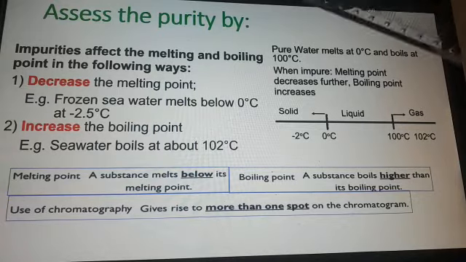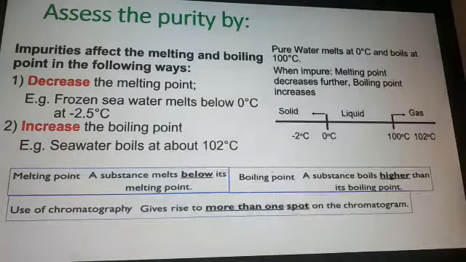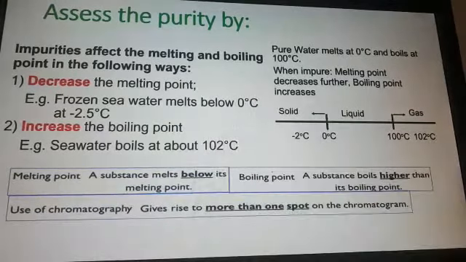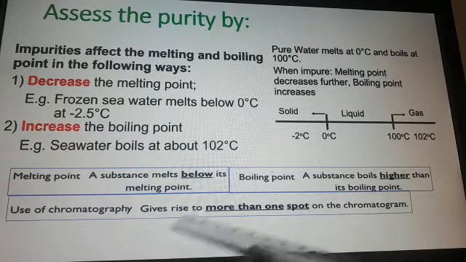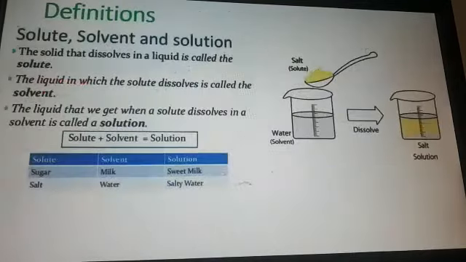So if the substance is impure, the melting point decreases and the boiling point increases. A substance melts below its melting point. A substance boils higher than its boiling point. And chromatography gives rise to more than one spot on the chromatogram. Then this is the assessment of purity.